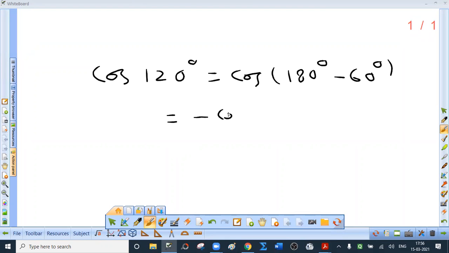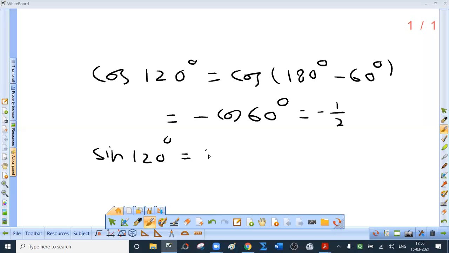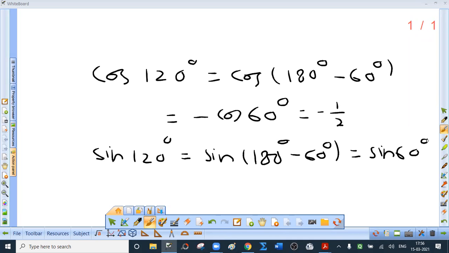It is minus cos theta. So minus cos 60 degrees, which is minus half, because cos 60 degrees is half. What is sine 120 degrees? Same. 120 degrees is 180 minus 60. Sine of 180 minus theta is sine theta, because this angle 120 degrees lies in second quadrant, in which sine ratio is positive. So this is root 3 by 2.